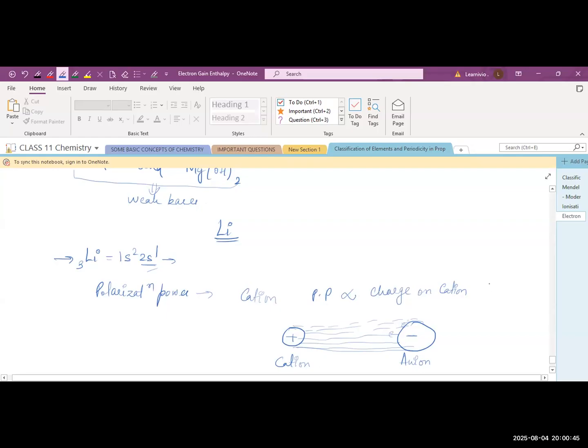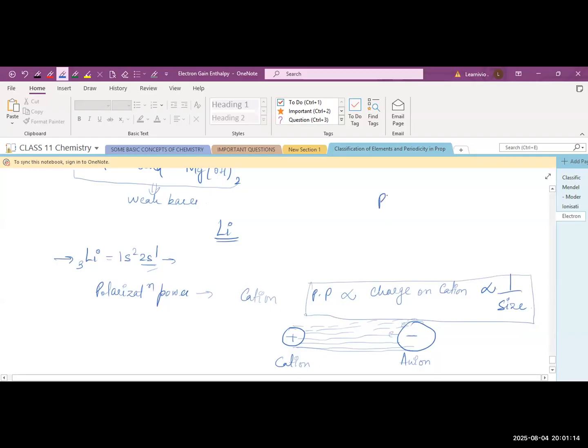And polarization power is inversely proportional to the size of the cation. Smaller the cation, the higher will be the polarization power, right? Basically, polarization power is directly proportional to the charge on the cation and inversely proportional to the size, or you can write the radius.